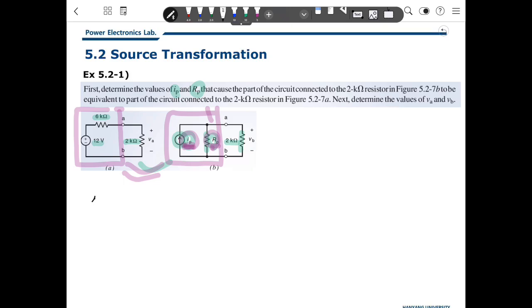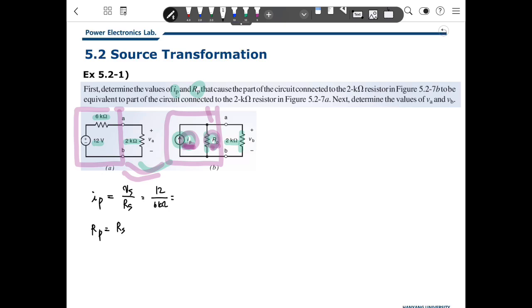How should we do it? You should know about that. IP should be VS divided by RS, and RP should be the same as RS. So there will be 12 over 6 kilo ohm.